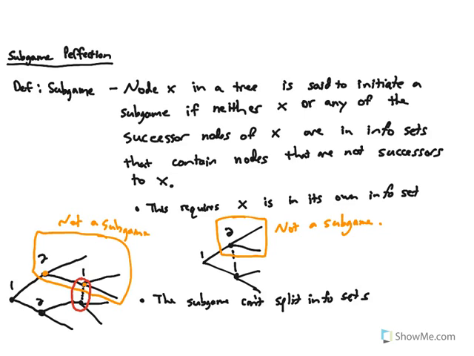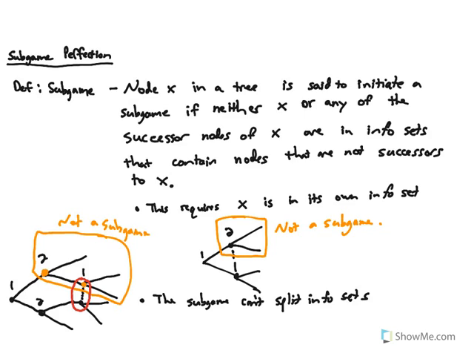That's the problem. So by our definition above, the node marked at player 1, that orange spot right here, is a successor to the first node, the one at number 2, but it's in an information set that contains nodes that are not successors, that can't be reached from the initial node of the subgame.